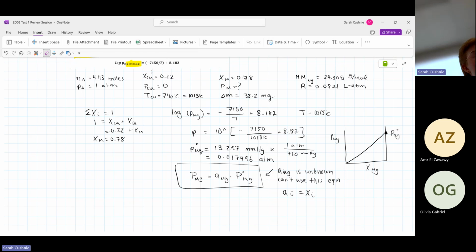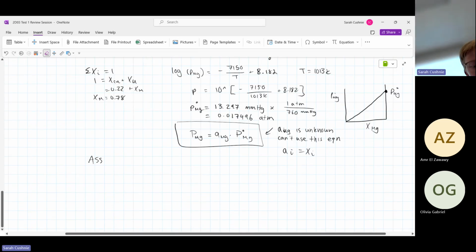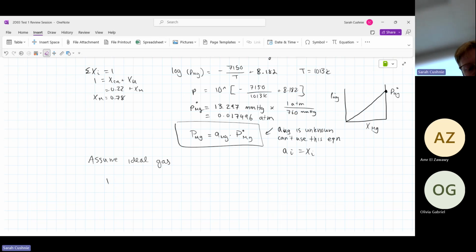Beautiful. So does it ever actually say that it's an ideal solution? No, we're going to say assume ideal gas. So we're just going to say PV is equal to nRT.